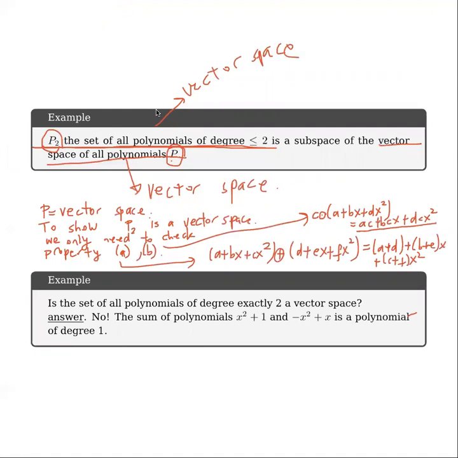So this somehow reduces the number of computations that you have to do. So you don't need to check all the properties to show that P2 is a vector space. Once you know that P is a vector space, you can show that P2 is a vector space by only checking these two properties. Any questions?